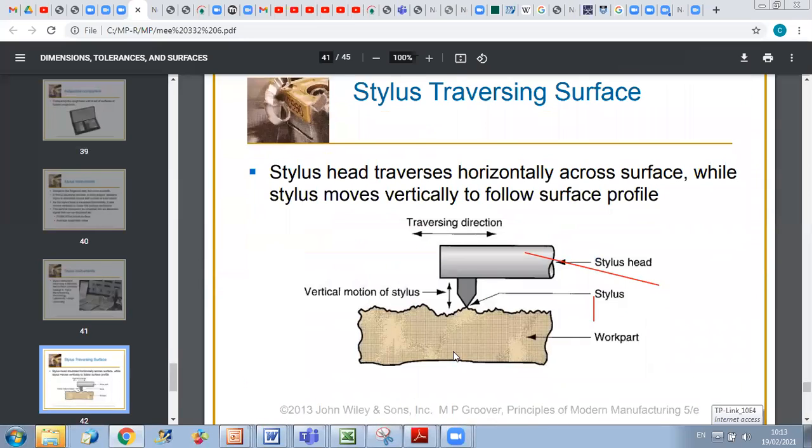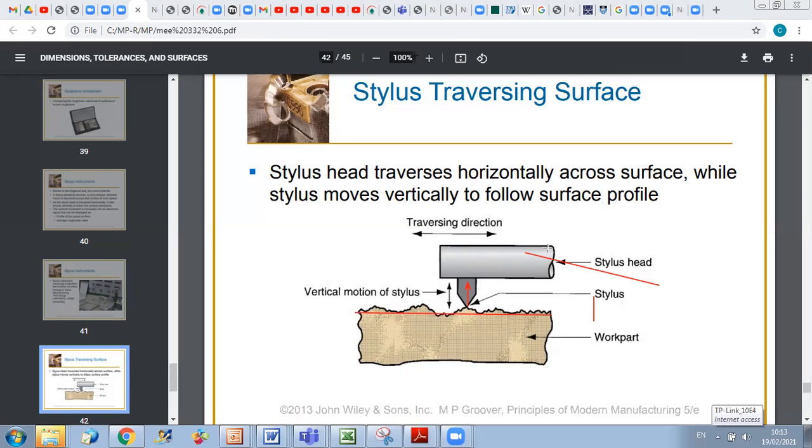So here, as you can see, this is your work part. You need to measure its surface roughness. If you have a perfectly smooth surface, when you move your stylus in the horizontal direction, you will not have vertical motion of the stylus head. On the other hand, here, due to the deviation from the nominal surface, as you move in the horizontal direction, you will have vertical motion of your stylus head, and this will cause deviations in the vertical direction that can be trapped by an electrical signal that can be converted to readings.